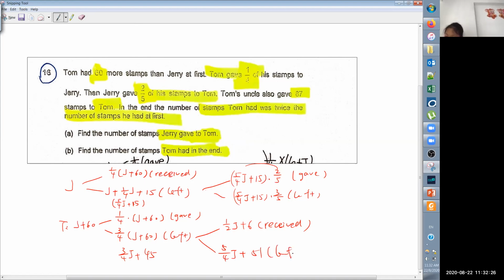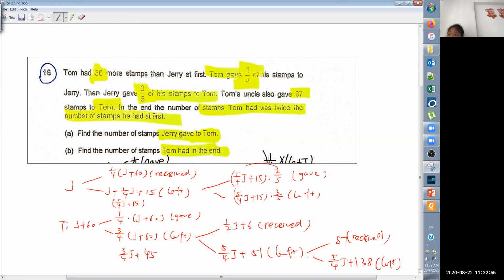So left. Okay. So Tom's uncle also gave 87 to Tom. So you add another 87. Received. Then this is 813. So left. Okay. Now, in the end, the number of stamps Tom had is twice the number of stamps he had at first.